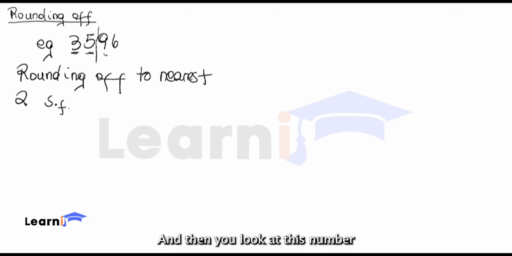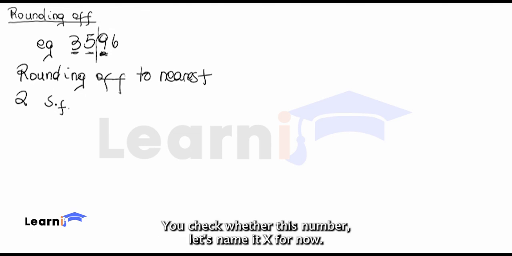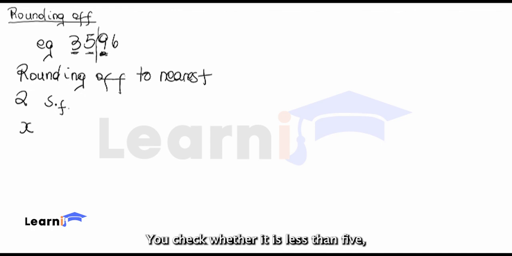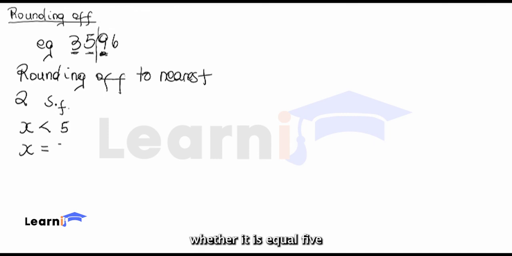Then you look at the number on the right. Let's name it X for now. You check whether it is less than 5, equal to 5, or greater than 5.